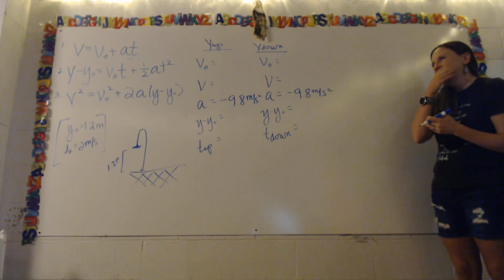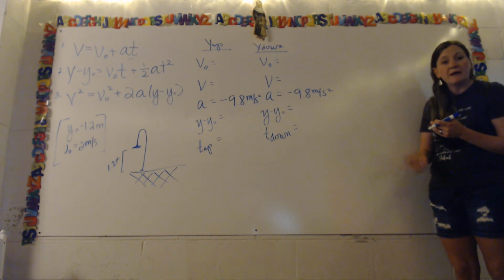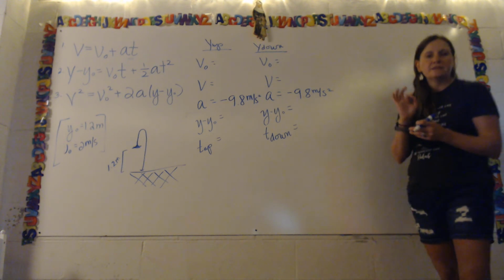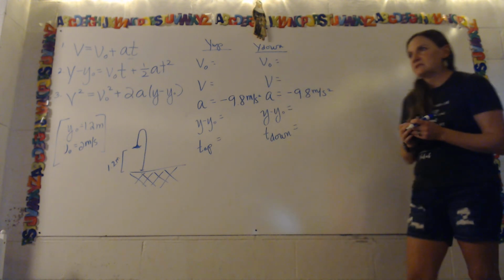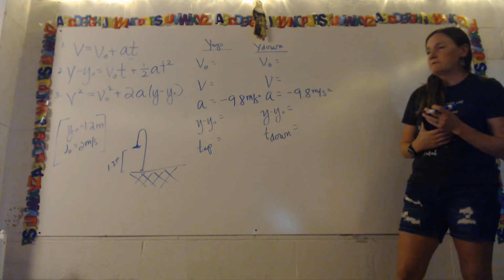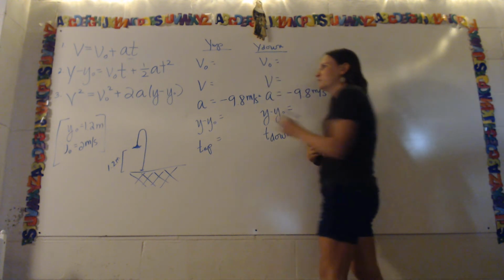The other thing I can assume is for anything that's going up and then coming back down, it stops at the top of its path. We talked about that. When it has that moment where it changes direction, the apex of its path, it's going to stop for a brief moment in time in y. And so knowing that, we can say for every type 3 problem, at the very top going up, the final velocity is 0.